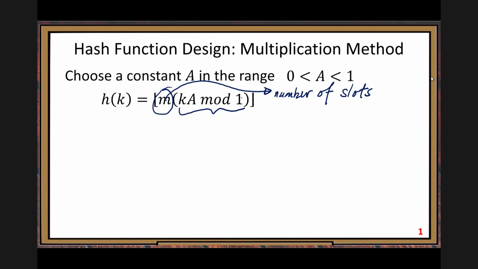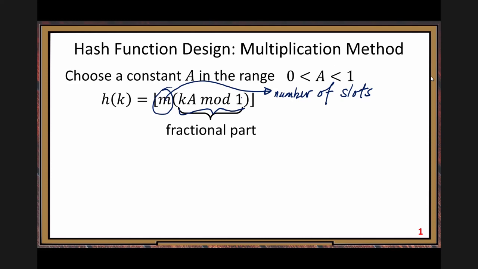For the fractional part, because we use M to multiply a number less than 1, the fractional part is always less than 1. So M multiplied by a number less than 1 is less than M. Then we take the floor function, and the greatest number is M minus 1.